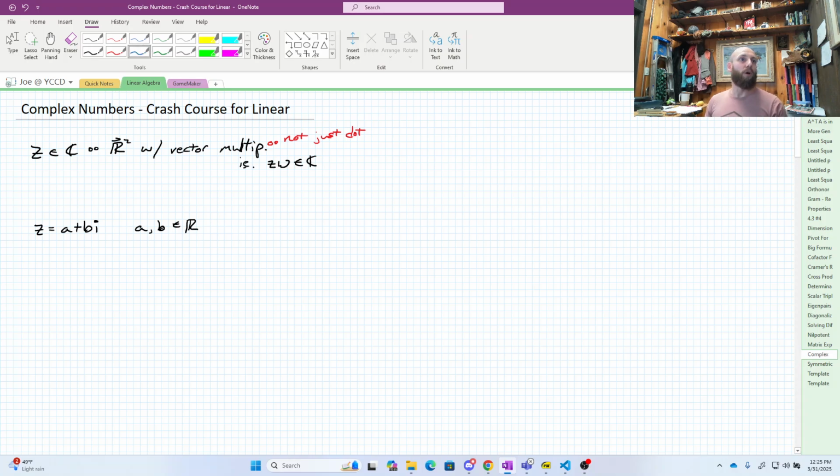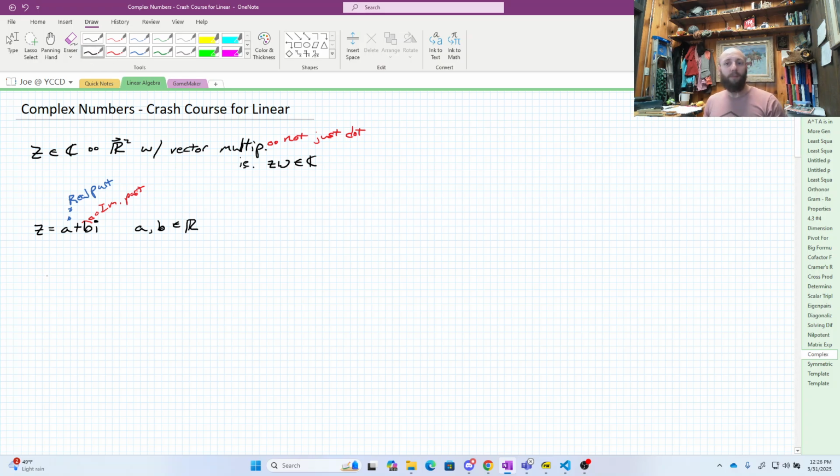So terminology wise here, a is going to be the real part, and b, just b, is the imaginary part. And the i just tells you which bit is which, essentially.